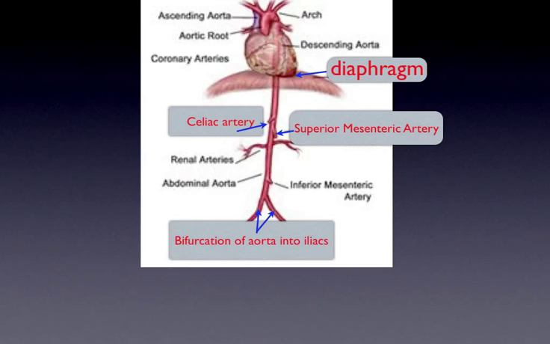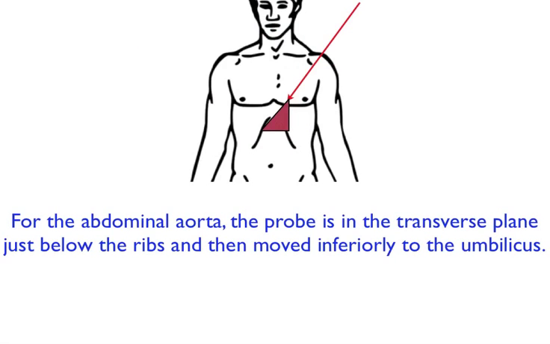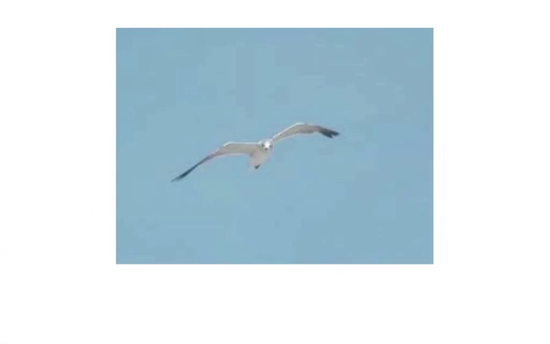And very close to that, slightly inferior, is the SMA or superior mesenteric artery. And then if we go down further, once we hit the umbilicus, that's about the level where the aorta bifurcates. So before we look at the pancreas, with the abdominal probe in a transverse position, sliding down in this fashion.